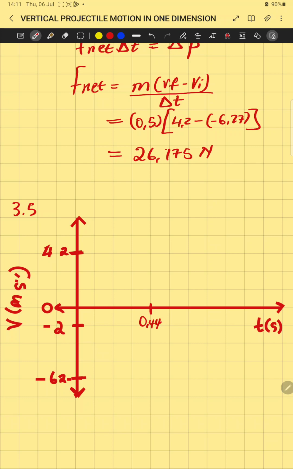And then we also need to add the time when the ball was in contact with the ground, which is 0.2. That means 0.44 to the ground plus 0.2 contact with the ground is going to give us 0.64. So this is the time here, 0.64.